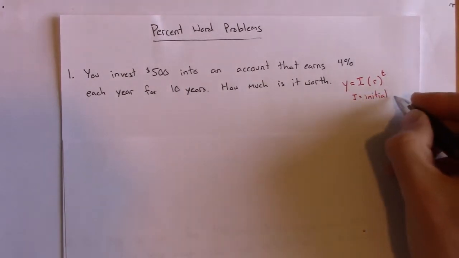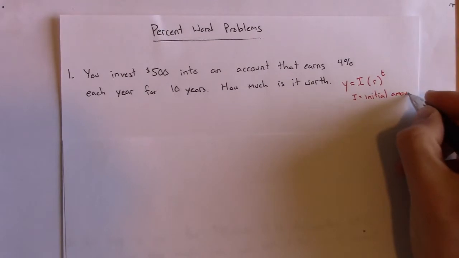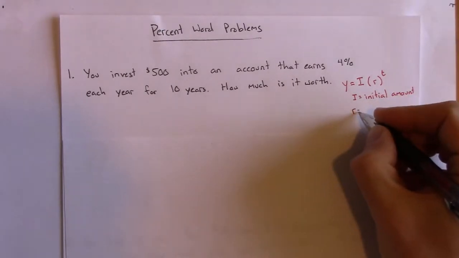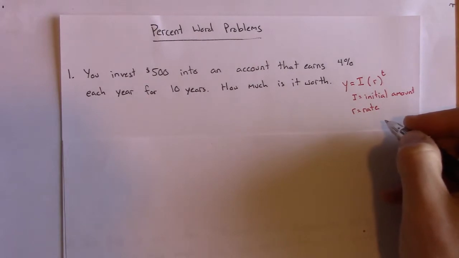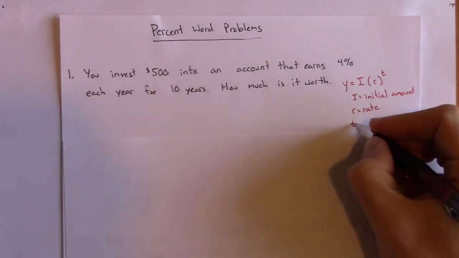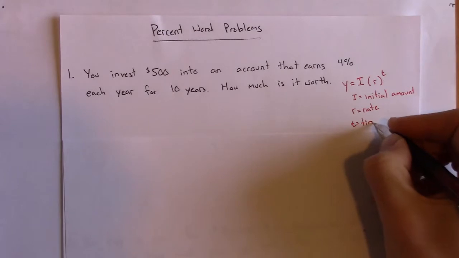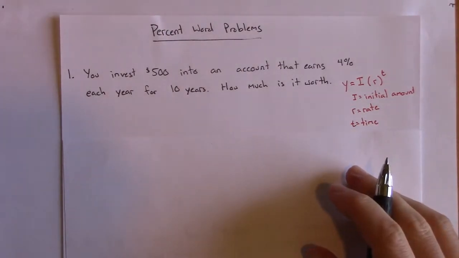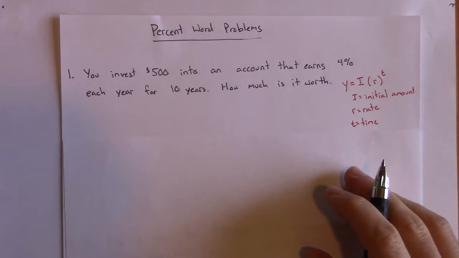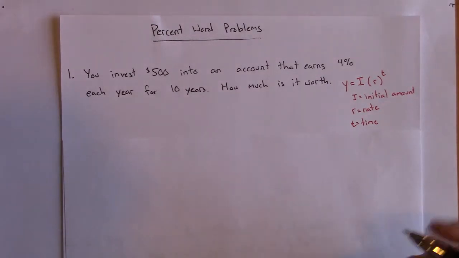What do you start with? R equals your rate, your multiplier, so we have to take into account our percentage, and T equals time. Specifically, how many times do you apply interest? It's not just a time in months or years, but it's how many times you apply interest.